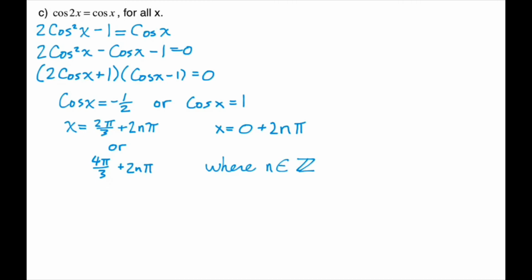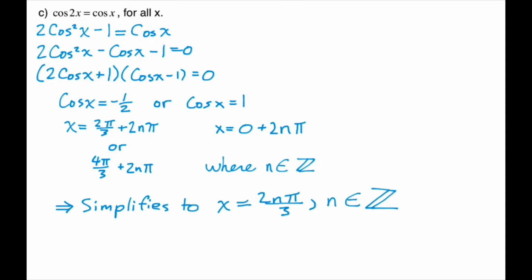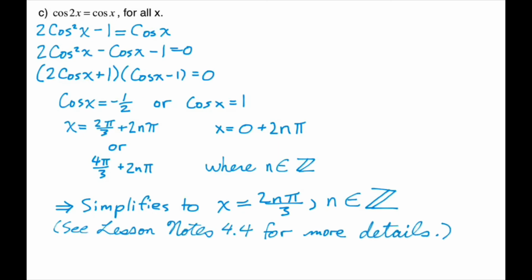So you could simplify all of this into just n times 2 pi over 3, where n is an integer. And if you need more details on that, you can refer to your lesson notes from 4.4. So that completes the third example.